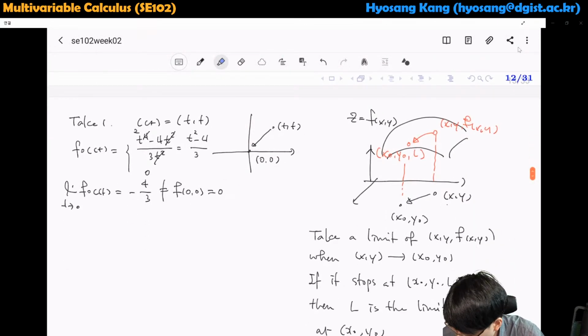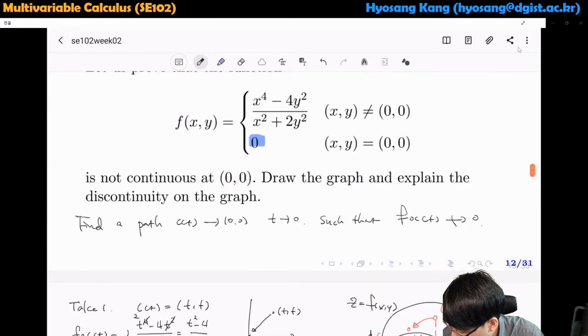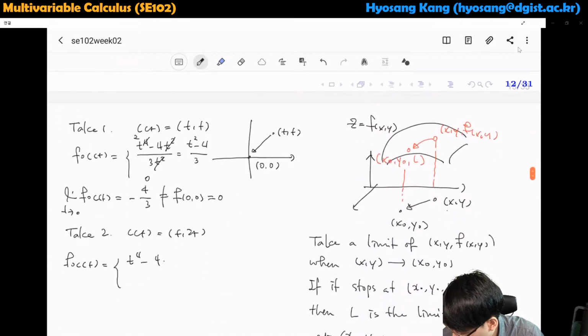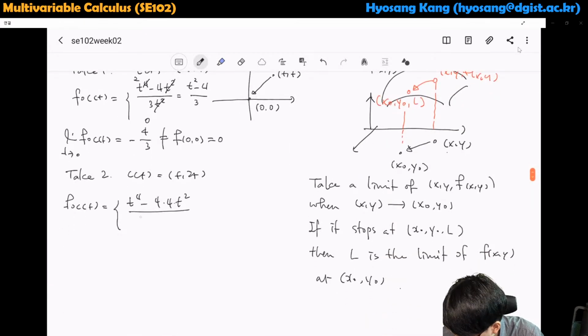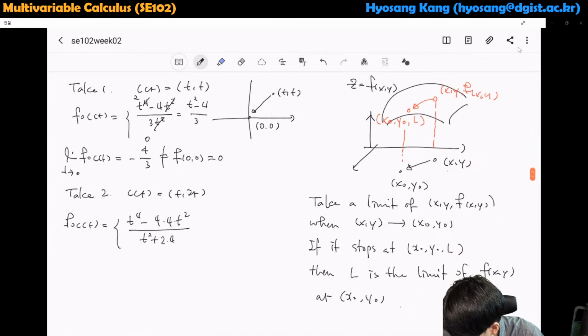For example, if I take c(t) equal to t comma 2t, then f(c(t)) is t squared times t fourth minus 4 times 4t squared, divided by t squared times t fourth plus 2 times 4t squared, which is t fourth minus 16t squared over 9t squared.